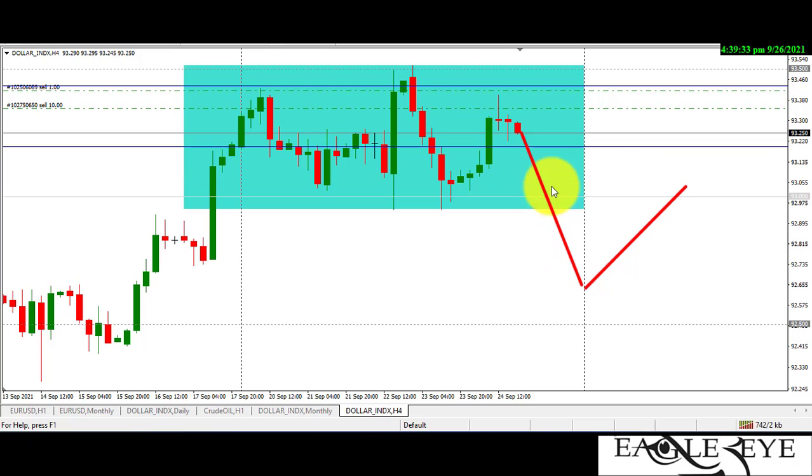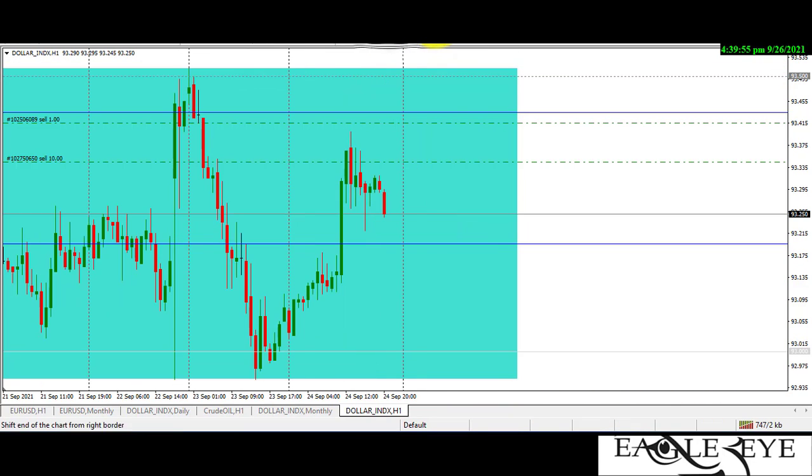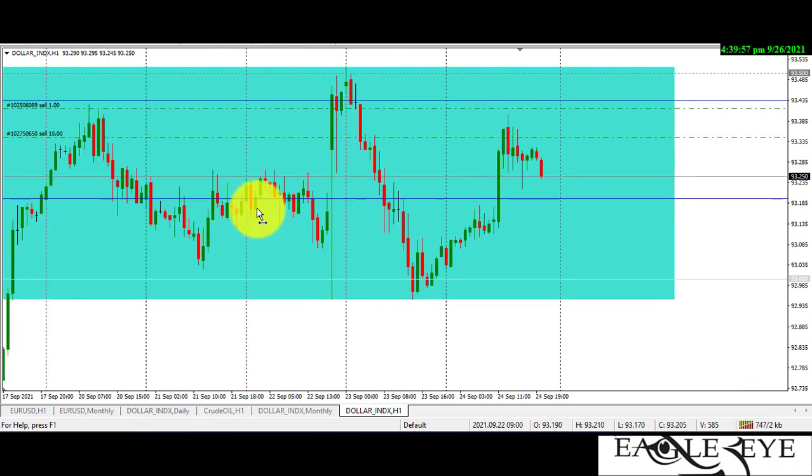I would wait for about 50% of that range to be closed in the upward. Then I'll look for other confluence factors to go short on the dollar index, which means I'm going long in the euro, according to what price does in the euro. So that is that. Let's see what happens.